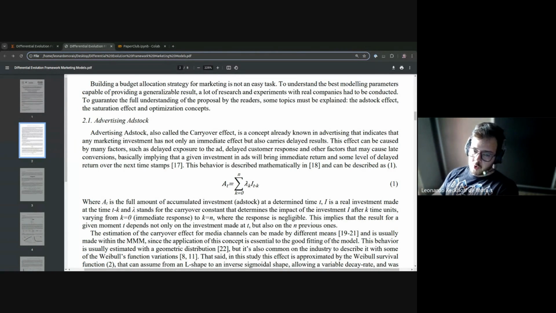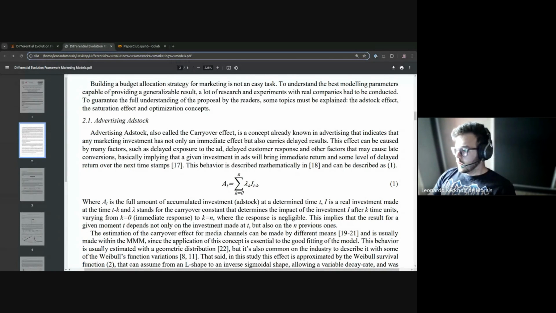I believe the approach that works better with both cases is the Weibull Adstock, because it allows for a non-fixed decay. You may have a slow decay at the beginning and then a sudden drop, and you may have a lot of other distributions for this Adstock.